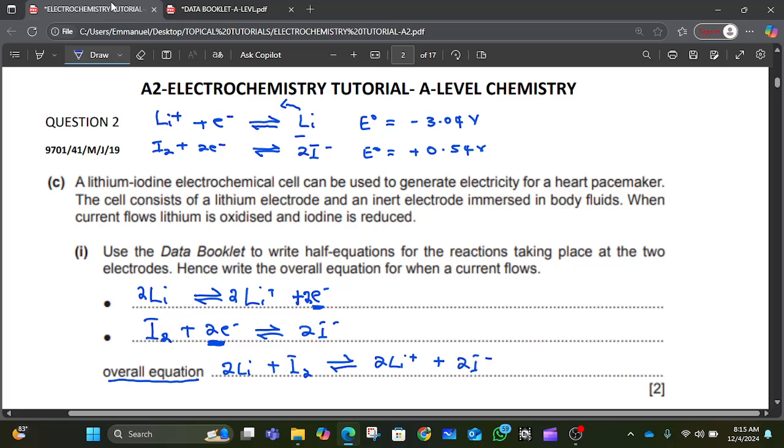Now the number of electrons at both sides of the equation is 2, so that's why we cancel them out. And again, in writing the overall equation, we added the reactant side of this first equation to the reactant side of this second equation. And on the other side here, we added the product side of this equation to the product side of this equation.